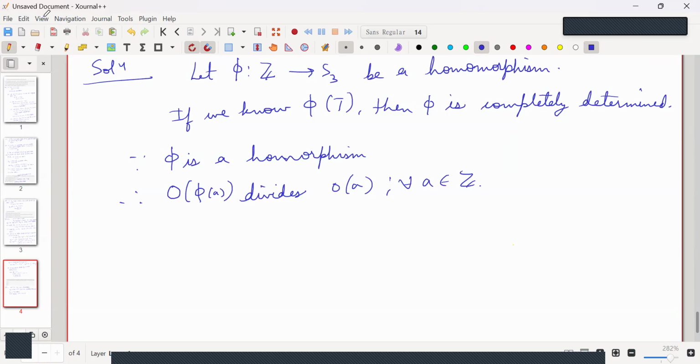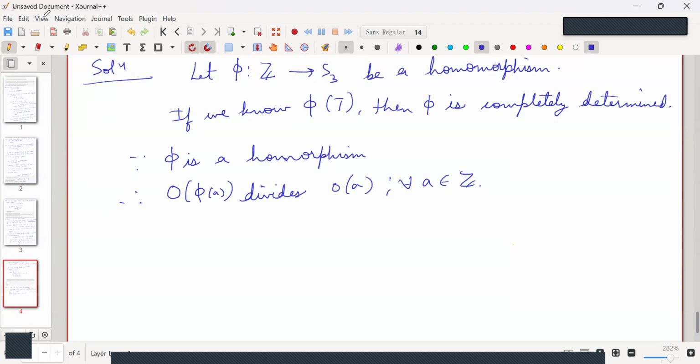So do you know the proof for that? Yes, sir. Can you just recall? So let's say a raised to n is identity, the order of a is n.